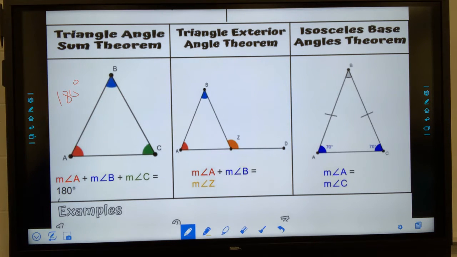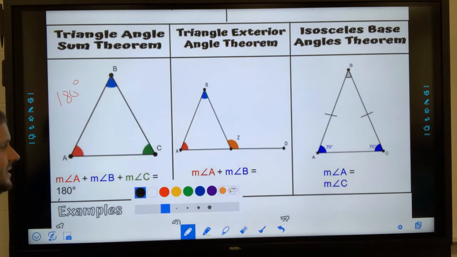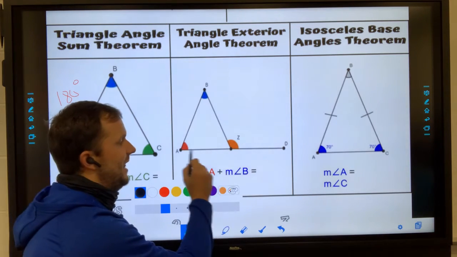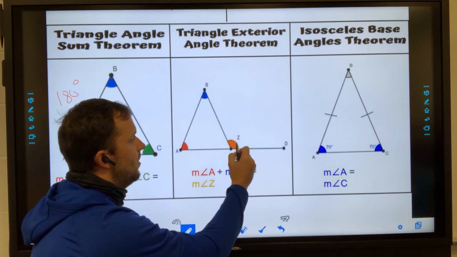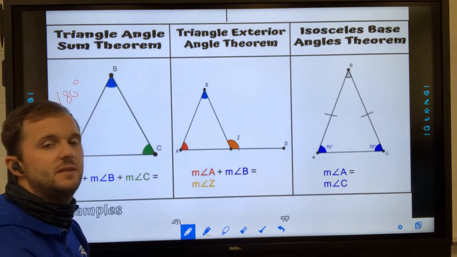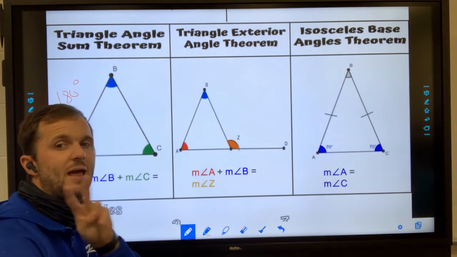So the next one we're gonna look at is the triangle exterior angle theorem. Whenever I say an exterior angle, meaning if I took a line of the triangle and extended it out, the angle outside of the triangle, that's the exterior angle, is gonna be the sum of the 2 remote angles.